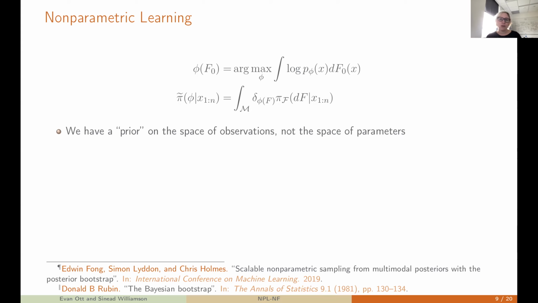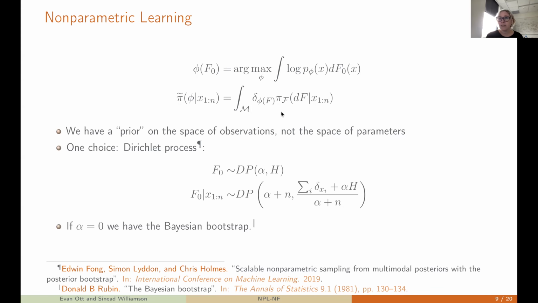Now, while I might not have a good idea of what the parameters of the neural network might look like, it's reasonable that I have an idea of what sort of distribution I'm going to look at. Right? So it's maybe more reasonable to expect a practitioner with knowledge of the data domain to specify a good distribution pi sub f.